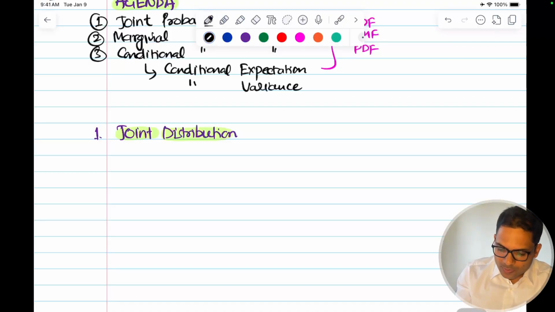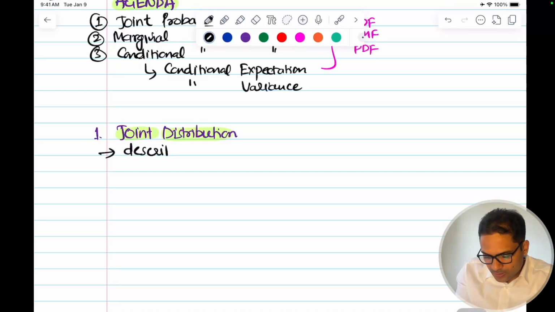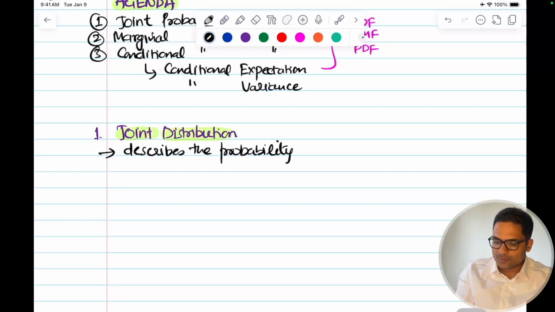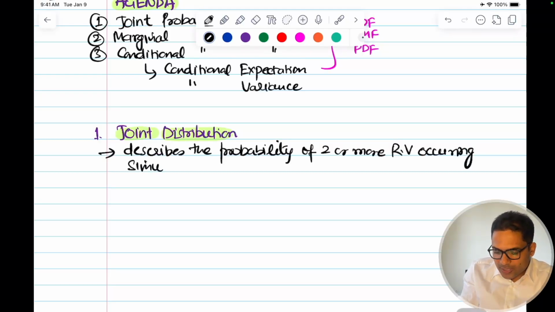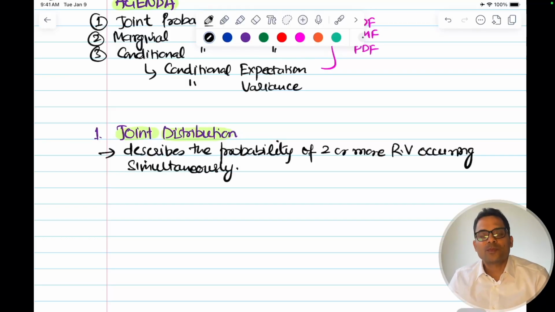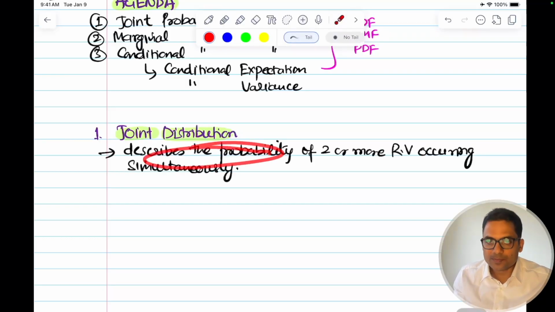This function describes the probability of two or more random variables (RV is a random variable) occurring together or simultaneously. This is what it gives me.